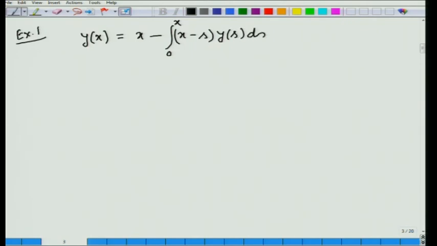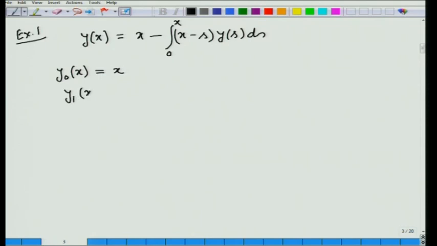Clearly, this is a Volterra integral equation of the second kind, and we have to solve this equation by using the method of successive approximation. So, here f(x) is equal to x. Therefore, as per the method we have just discussed, y0(x) is equal to x.